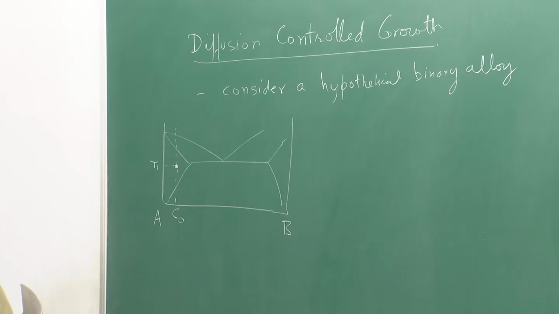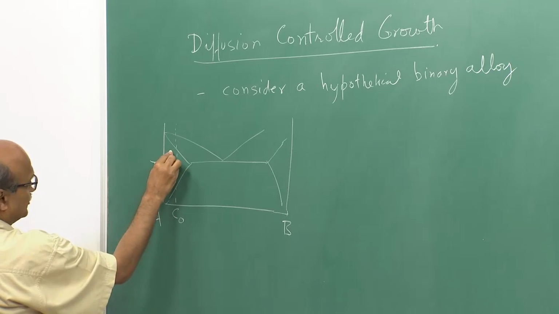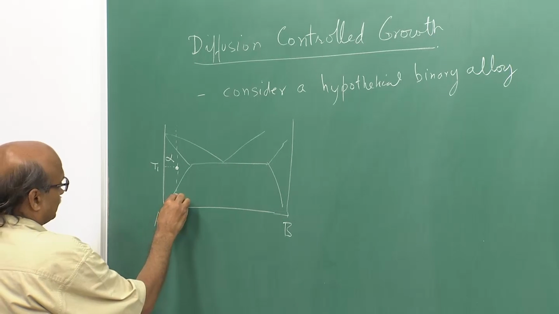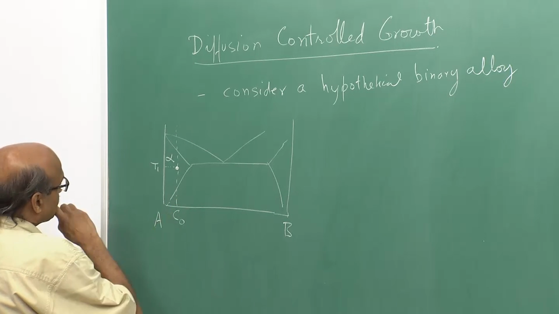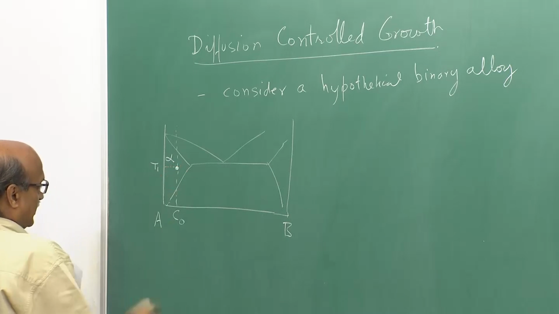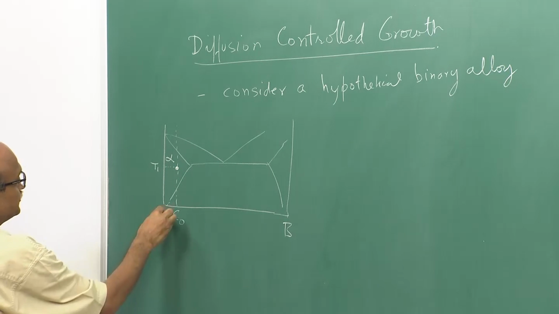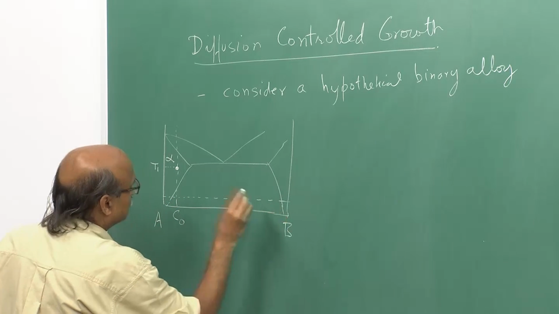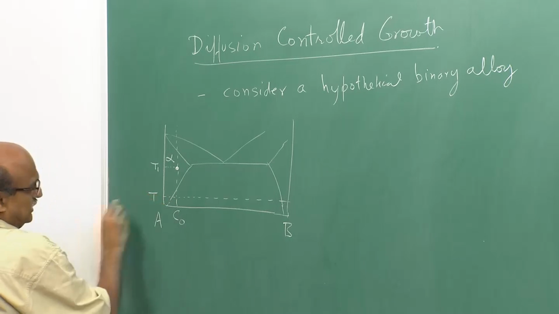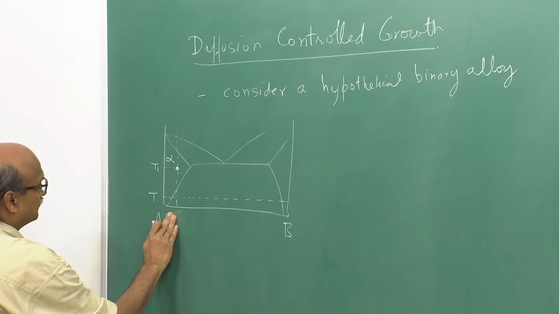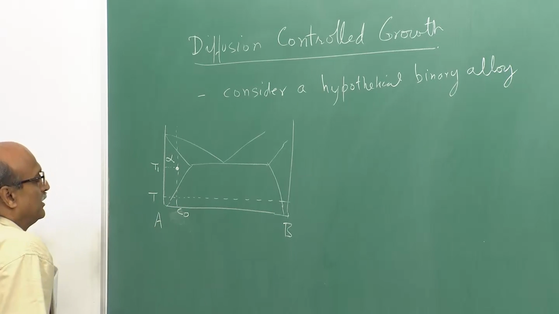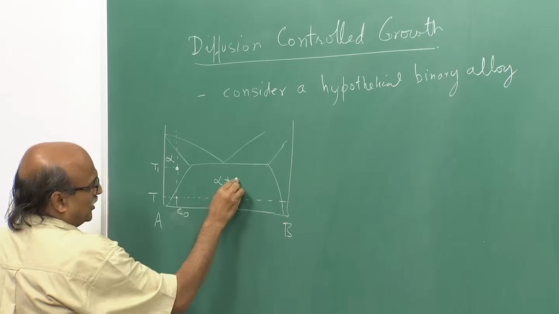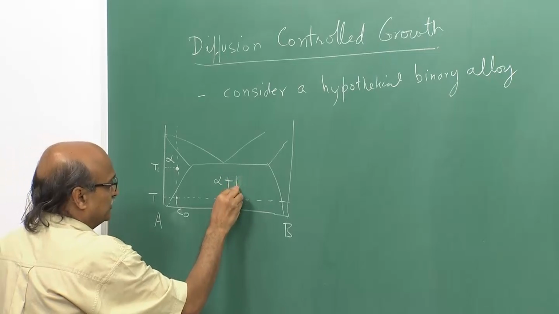We are in the single phase region of this alloy, and let the single phase region be alpha. Now imagine that we suddenly bring the temperature down to some temperature T. So, we are at this point and we are now in the two phase alpha plus beta region.